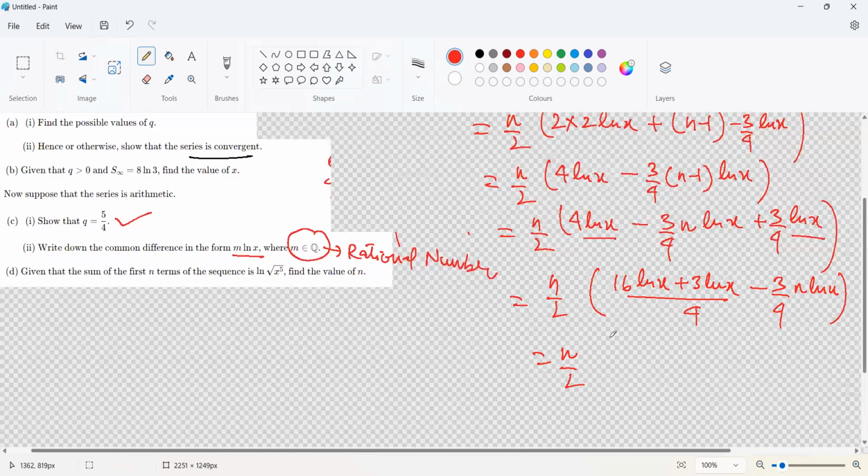So it is n by 2, 16 plus 3, 19 by 4 ln x minus 3 by 4 n ln x.